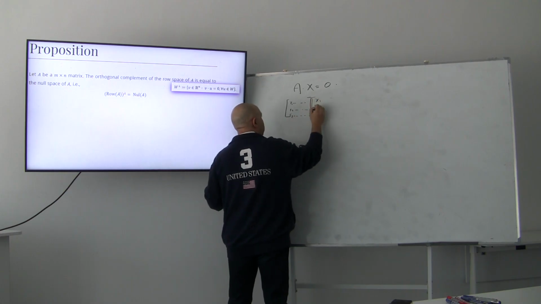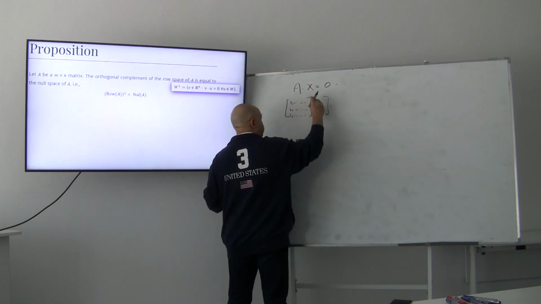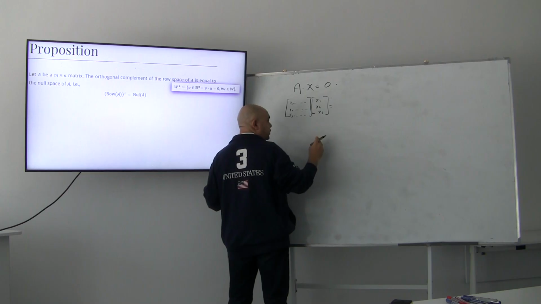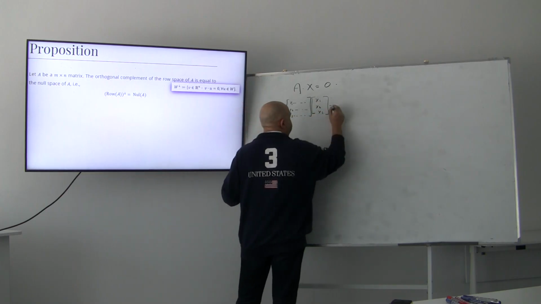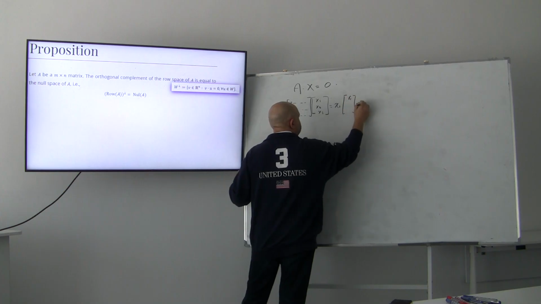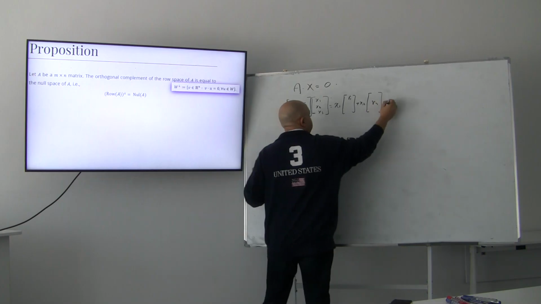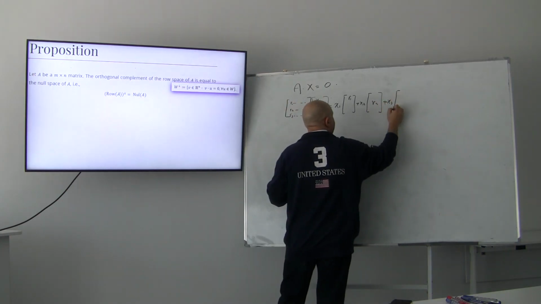X is going to be X1, X2, and X3. As we saw previously, I'm multiplying the first row by the values of the column and so on, which can be put as the following: X1 times the elements of R1 plus X2 times the elements of R2 plus X3 times the elements of R3.